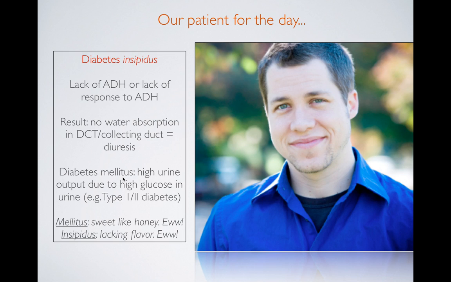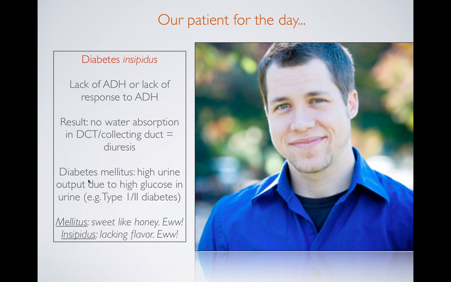So in diabetes mellitus, that's type 1 and type 2, we have crazy urine flow, but it's also high in glucose, so it's very sweet. That's why it's called mellitus. Mellitus comes from the word meaning sweet. Like in Spanish, you say miel, which is, I don't know, jelly or honey or some sweet jam or something.